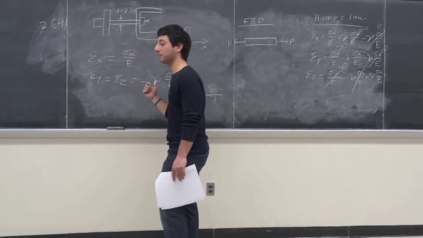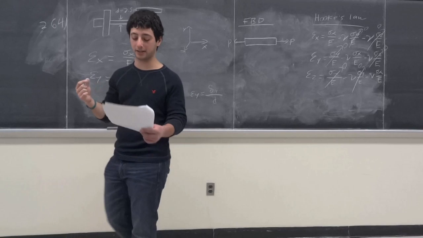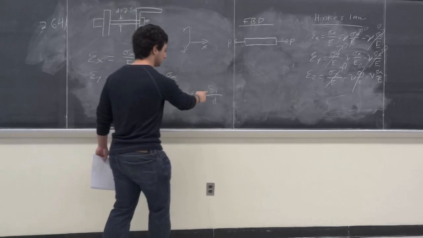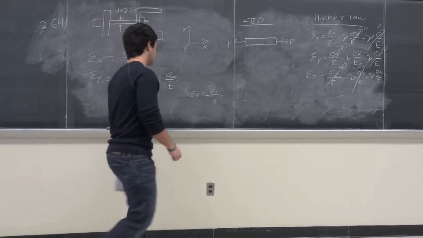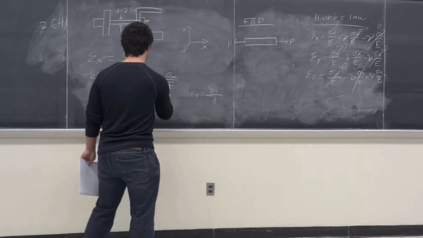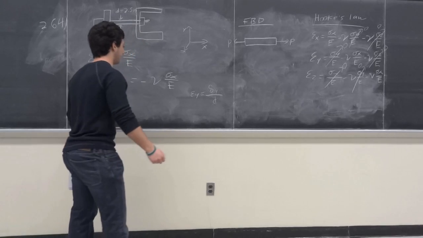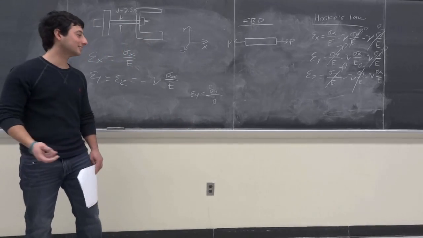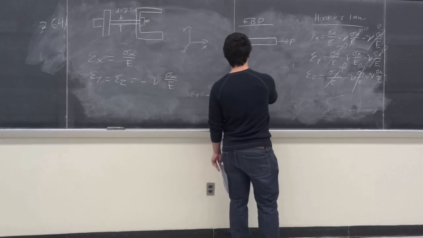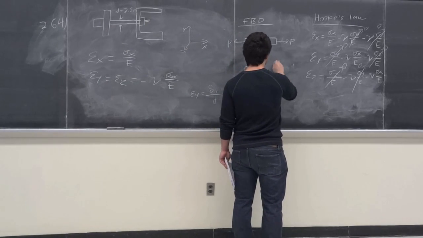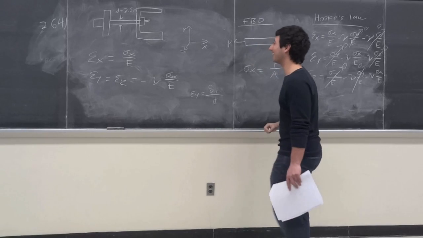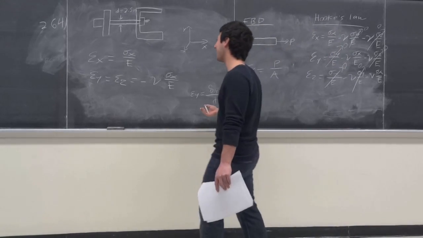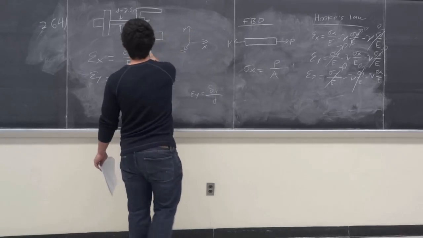They said in the problem that it's going to change by 0.5 times 10 to the negative 3 inches. I told you that was delta y. So this is equal to this, while this is equal to this, and we're going to have to find P. What do we know about sigma x? Sigma x is equal to P over A. What's A in this case? It's pi over 4 times d squared.